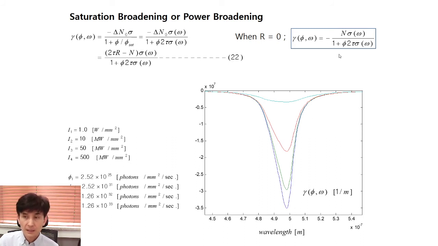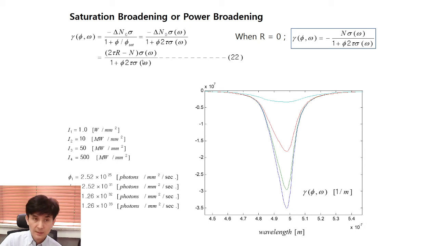Then due to the phi saturation of this gain spectrum, we have a broadening of the gain curve compared to the original sigma spectrum of sigma.